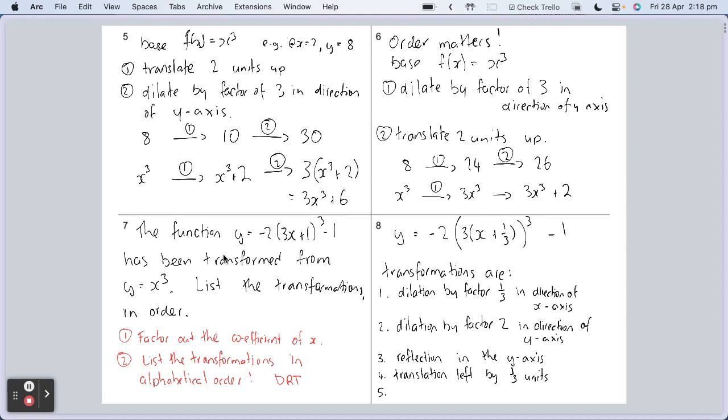And number 5, there's a translation one unit down. Good. Down by 1 unit. And that's our 5 transformations in order.